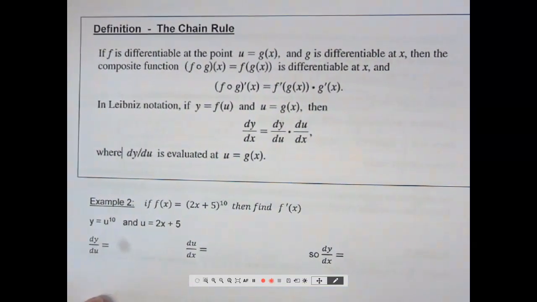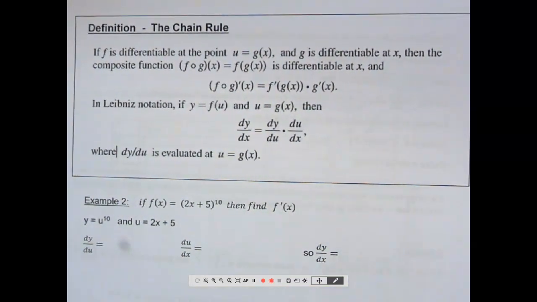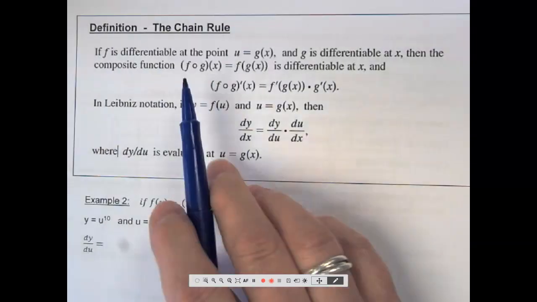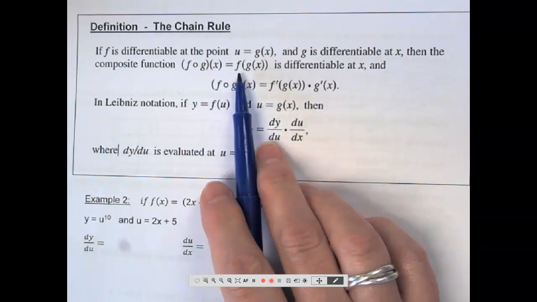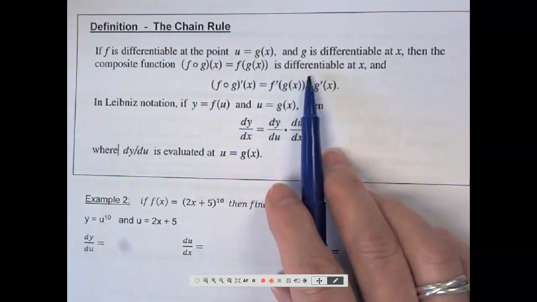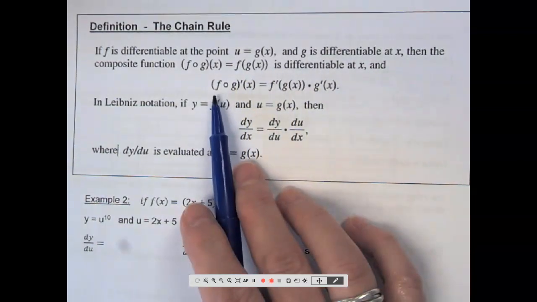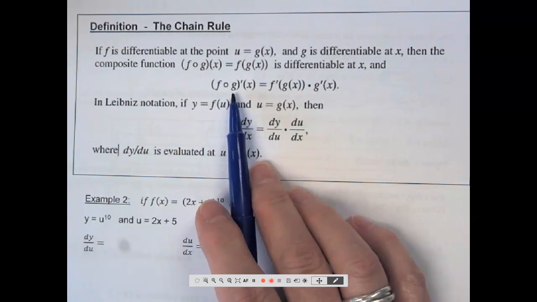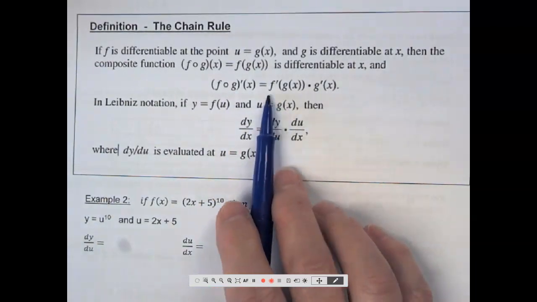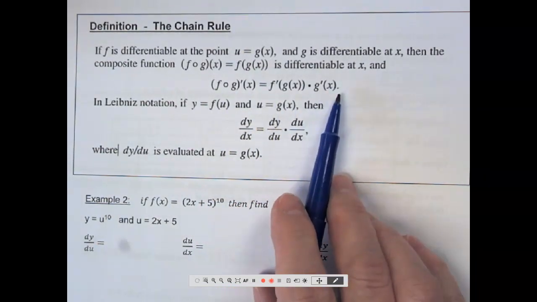Okay, I do want to look at this fancy formal definition, and then we're going to come back to it in a minute, and I think it'll explain itself a little better. If f is differentiable at a point u equals g of x, and g is differentiable at x, then the composite function f of g of x is differentiable at x, and f prime of g of x equals f prime of g of x times g prime of x.